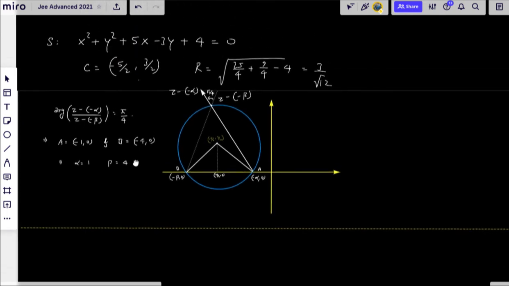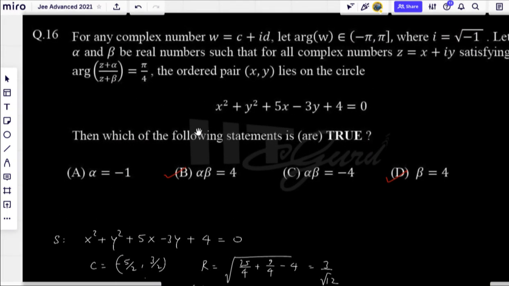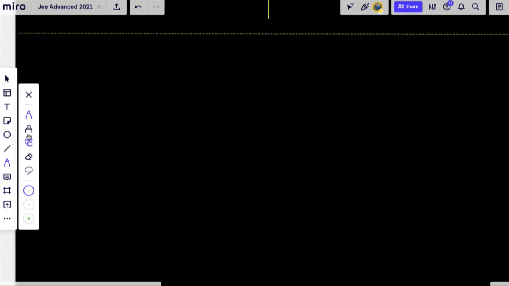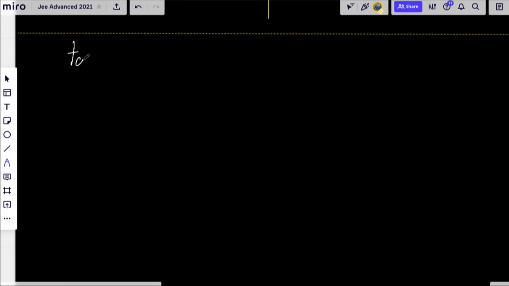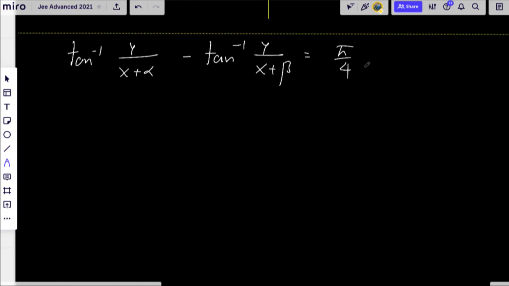Okay, so this question can be done by an alternate method using the inverse trigonometric function concept, tan inverse x minus tan inverse y. So the alternate method is tan inverse of y upon x plus alpha minus tan inverse of y upon x plus beta is equal to pi by 4, as given in the question.